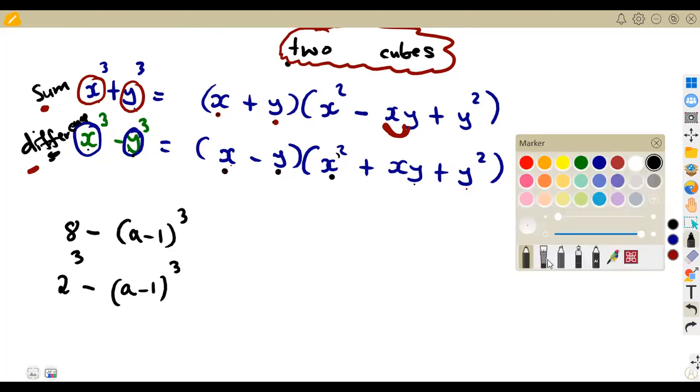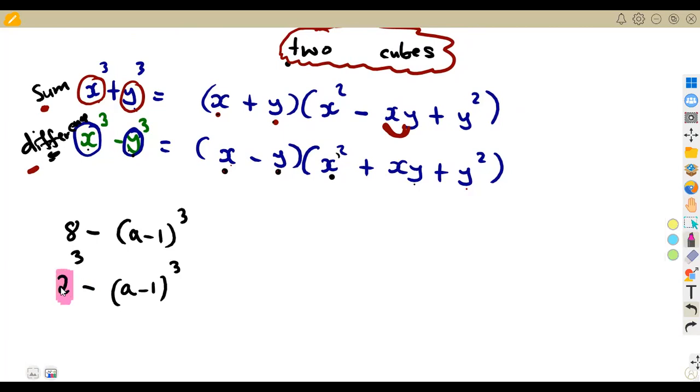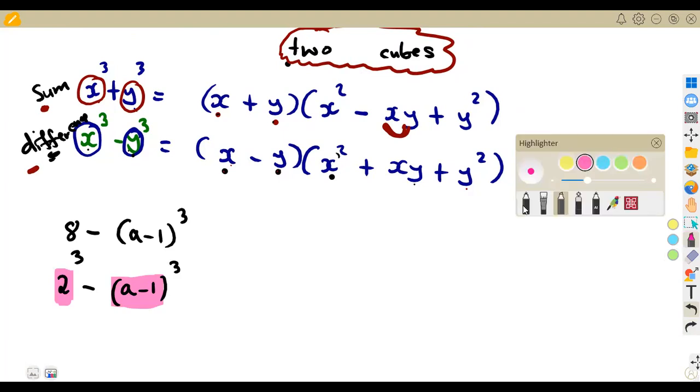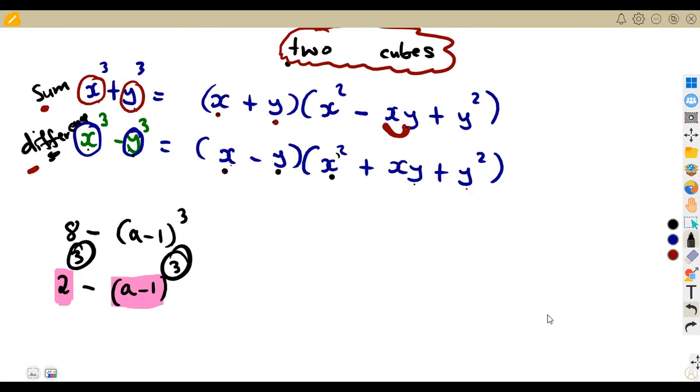There I have my first and I have my last, and I can properly see that. So this is our first, this is our last, the terms or expressions that are being raised to the exponent of 3.